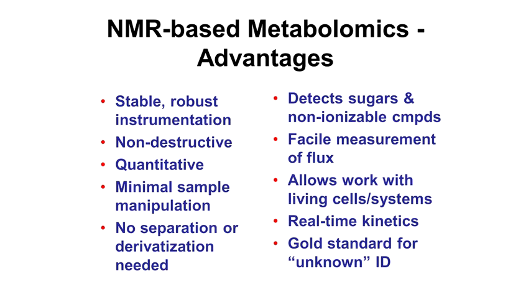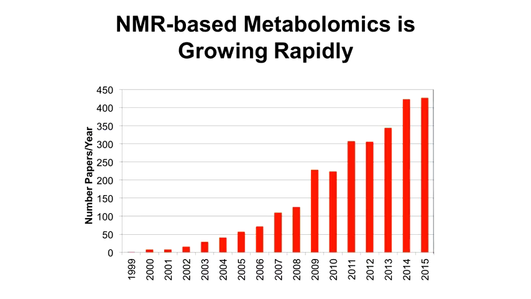And then when it comes to identifying those millions of unknown compounds, that dark matter that we talked about, NMR is the standard. It's how we identify things. Mass spec helps, but NMR is the thing that cinches it, and it's required for any publications these days. In terms of the popularity for NMR-based metabolomics, it's growing exponentially.